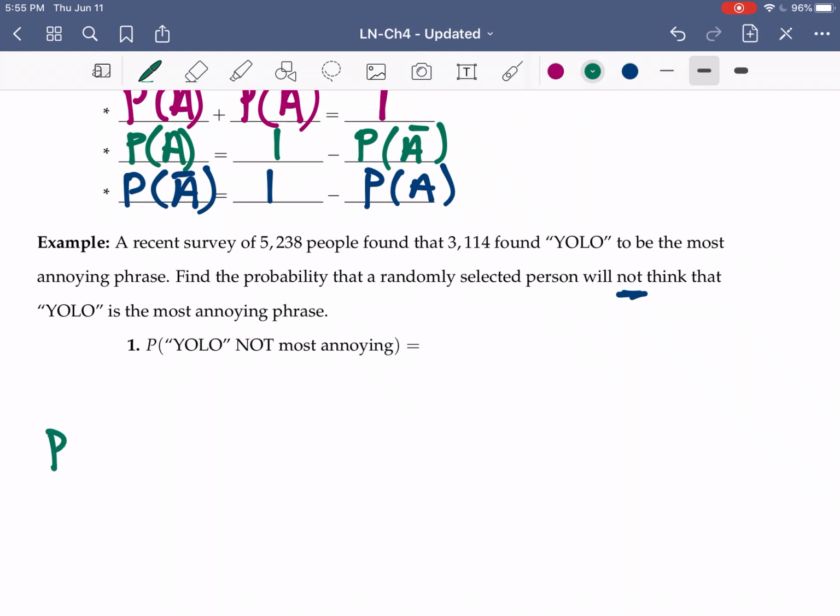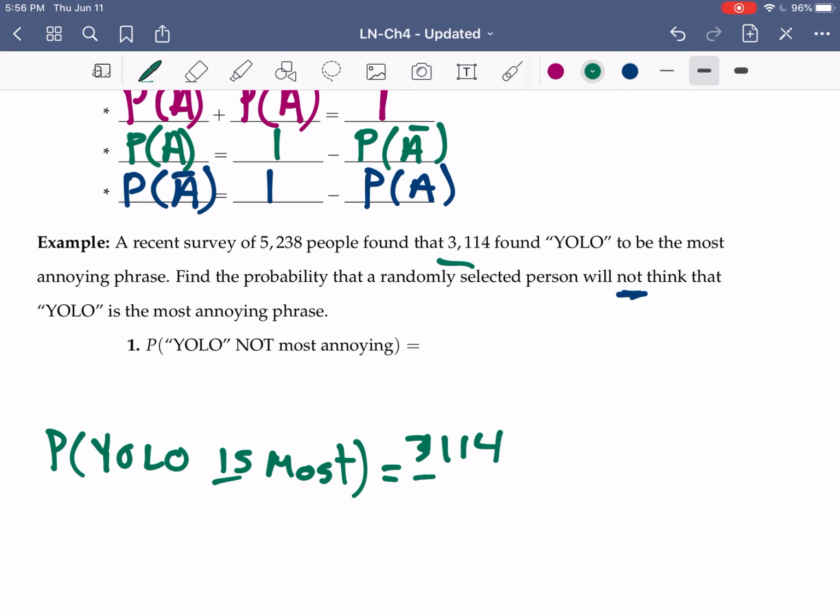So the probability YOLO is most annoying, there were 3,114 out of the 5,238. And so the probability it is not the most annoying would be 1 minus 3,114 out of 5,238.